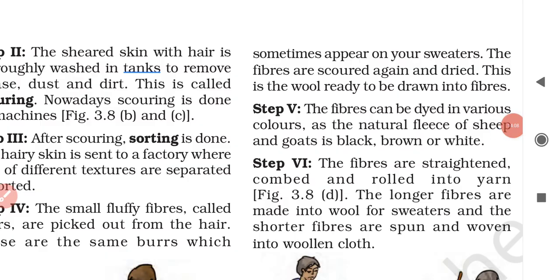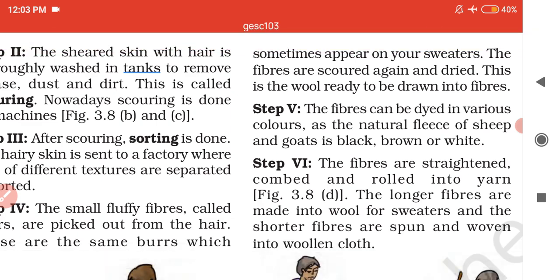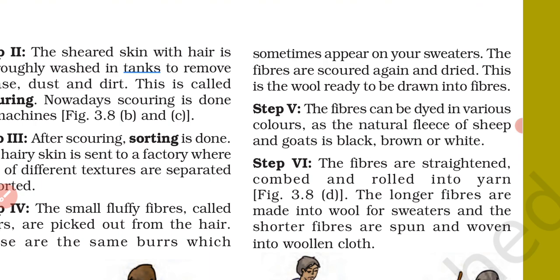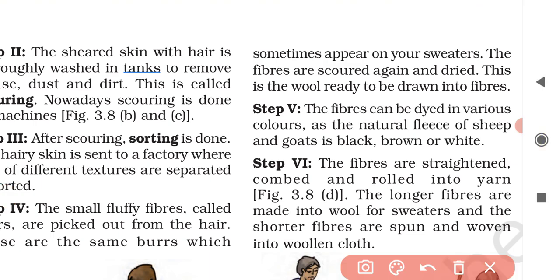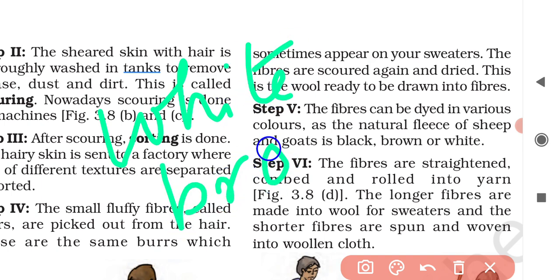Next step number 5 is dyeing. So what happens here? The color of the natural fleece of the sheep can be white, it can be brown, or it can even be black in color.